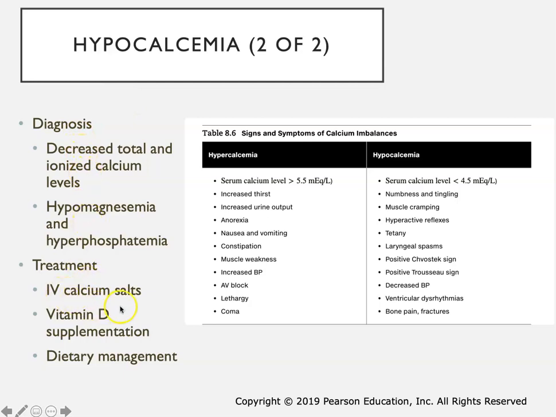Okay, treatment, IV calcium salts, vitamin D supplementation, because again, that's going to enhance the absorption of calcium from the GI tract, right? And also dietary management. Maybe this is a result of not taking in or eating enough calcium, right? Again, similar table that we saw for all of these, hypercalcemia on the left and hypocalcemia on the right. Okay, again, some pretty serious sort of symptoms that can occur due to a calcium imbalance.